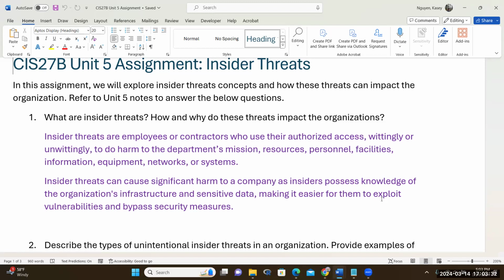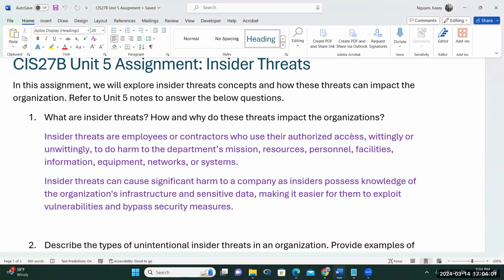So insider threats are employees or contractors who use their authorized access to cause damage or harm to the systems, to the people, to the building, and that would affect the department's or the company's mission, resources, personnel, facilities, information, equipment, network, or system.